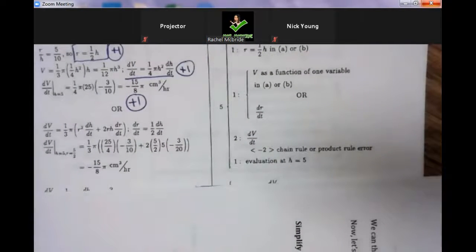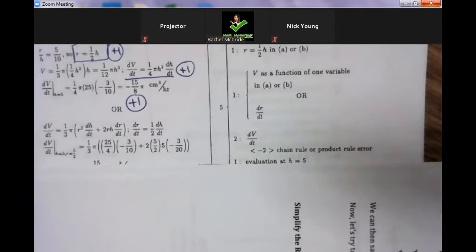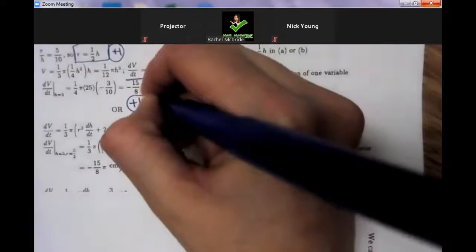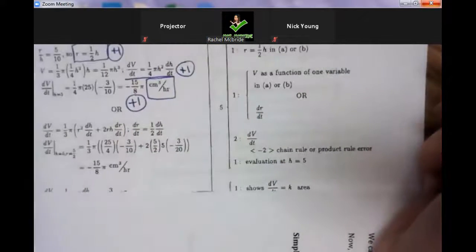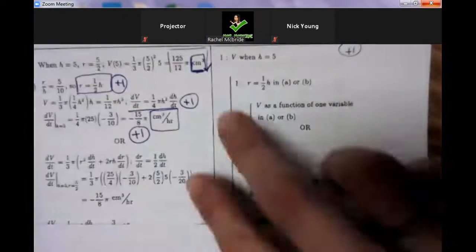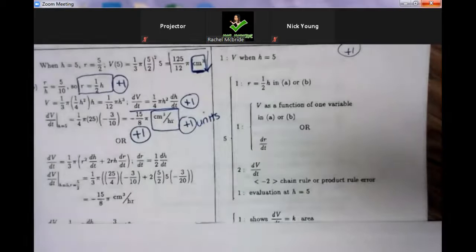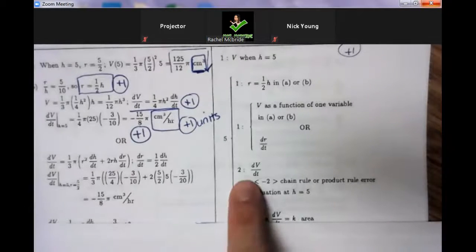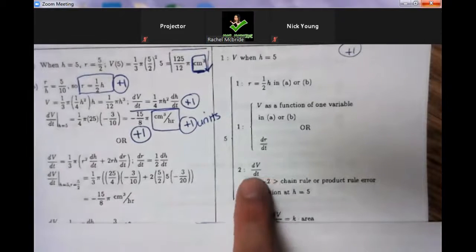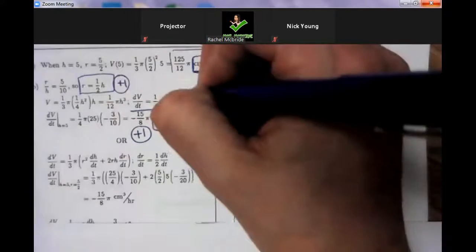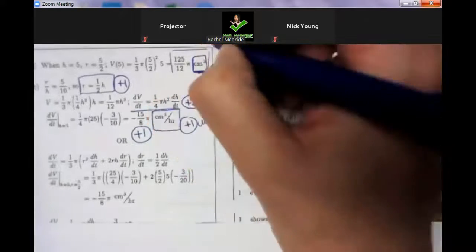And then your units had to match as well. So you needed to have centimeters cubed per hour here and centimeters cubed here. If you had both of those units right, give yourself another point. And actually, it looks like they gave you 2 points for dV/dt. This one's from 2002. They wouldn't give you 2 points for that anymore. So you can actually put a +2 here if you had that correct.